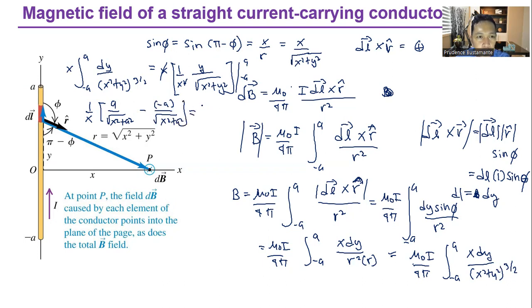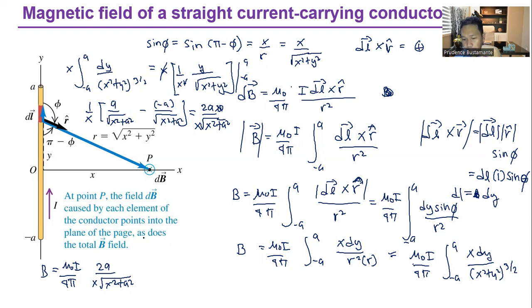This is equal to 2a over x times the square root of x squared plus a squared. Therefore our B is equal to mu naught I over 4 pi times the integral, which is equal to 2a over x times the square root of x squared plus a squared. So that is the integral.